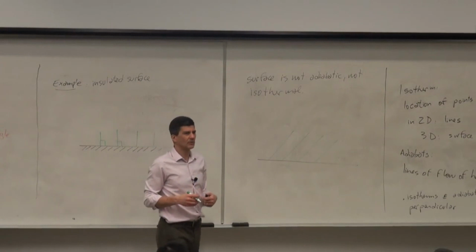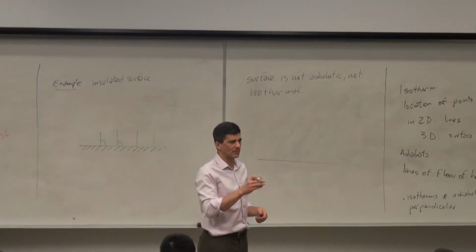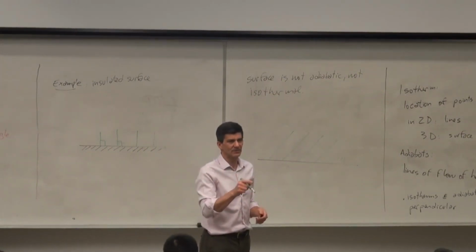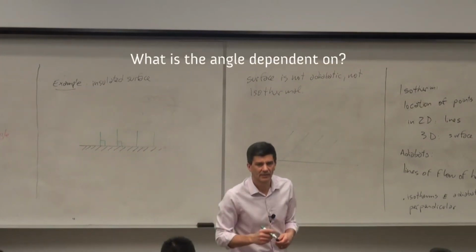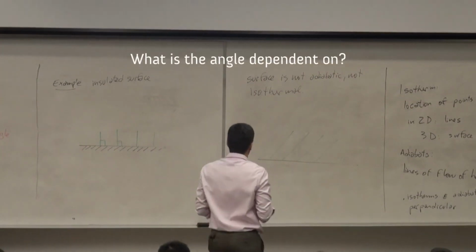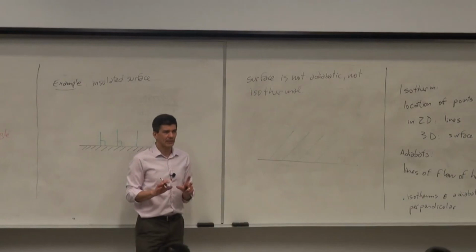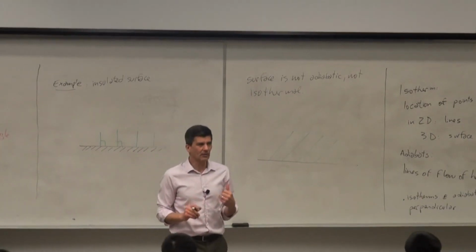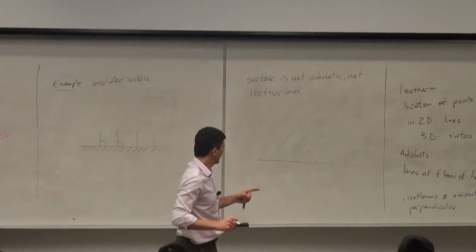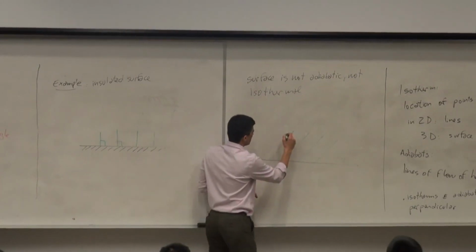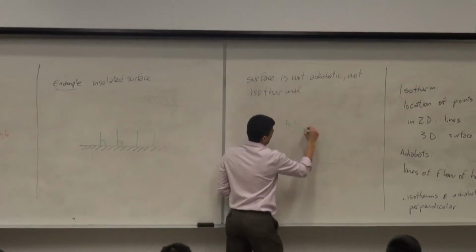You start to understand. Now, if you see isotherms that are not perpendicular and not parallel, that means there is heat flow through that wall. Yes? I will not write it here, but this angle has a lot of meaning, because imagine this is hot and cold here.